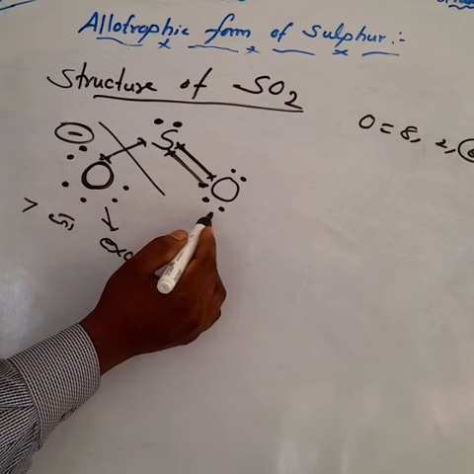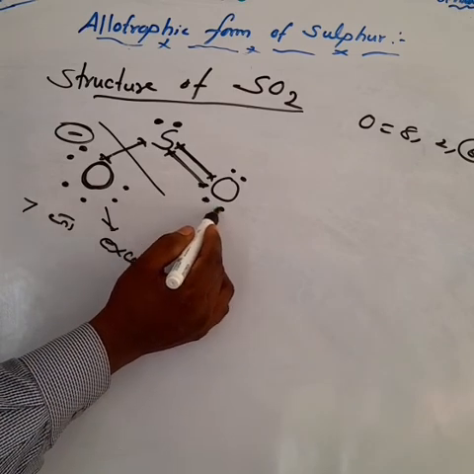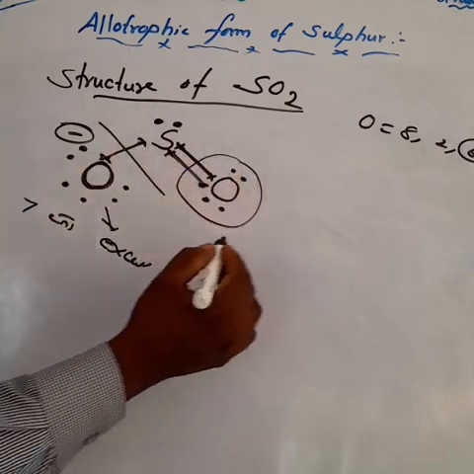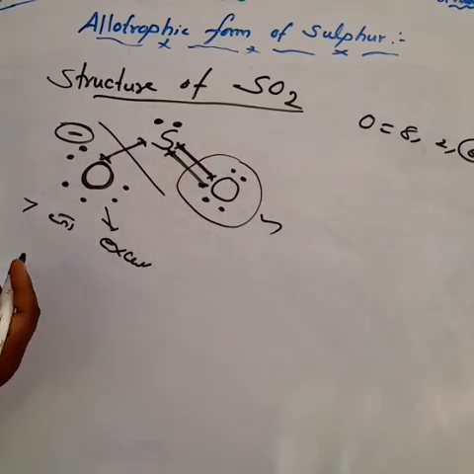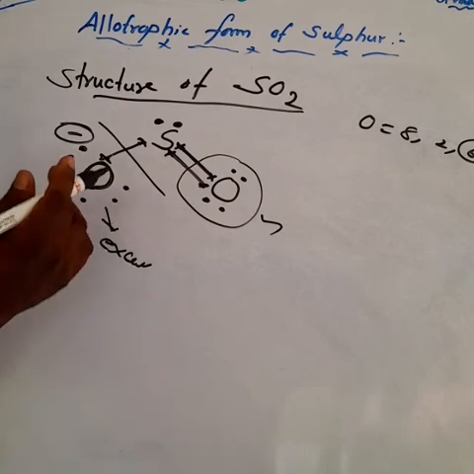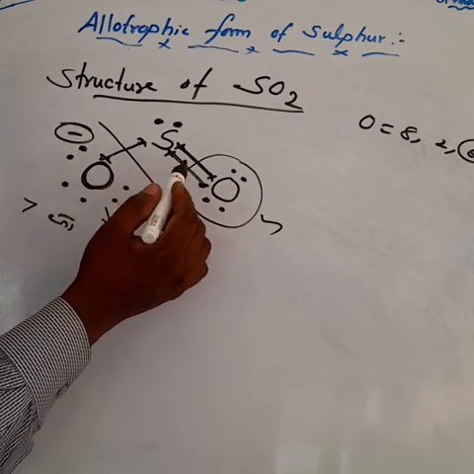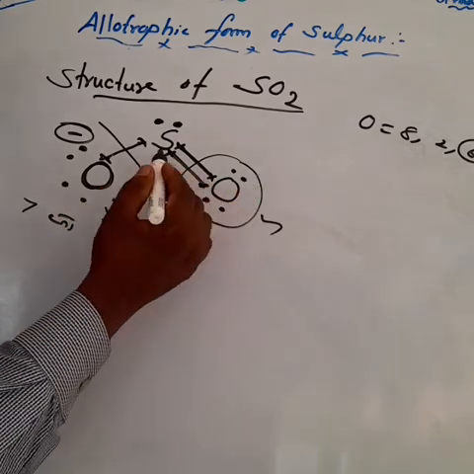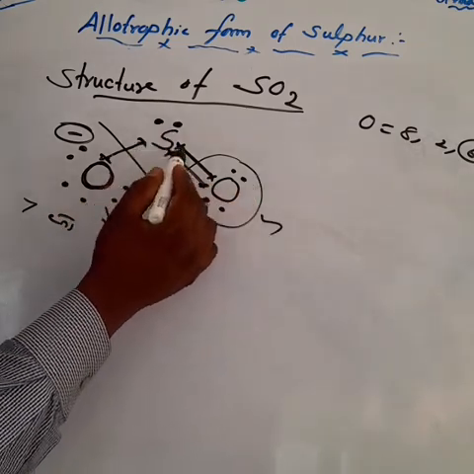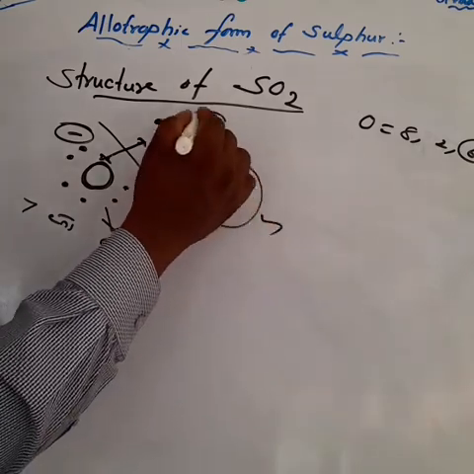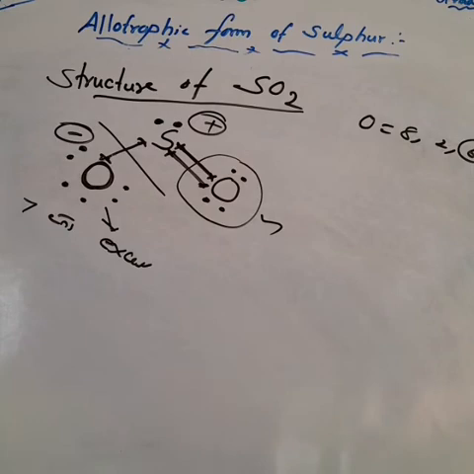Then this oxygen already has 6 electrons in the outermost shell, here also 1, 2, 3, 4, 5, 6, and here also 2 electrons. If you divide here, this is the correct oxygen form. What about this sulfur? Sulfur must contain 6 electrons, but here it has 1, 2, 3, 4, 5 only. There is a loss of 1 electron, so make it plus.